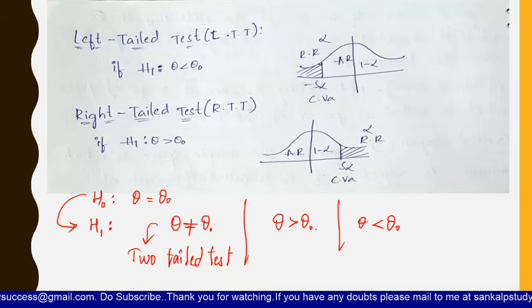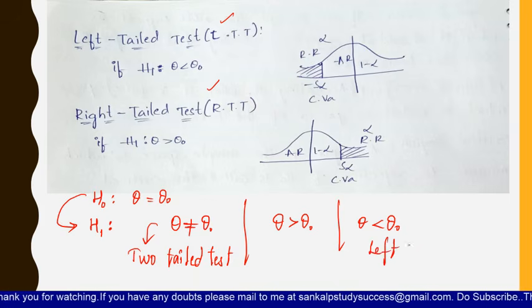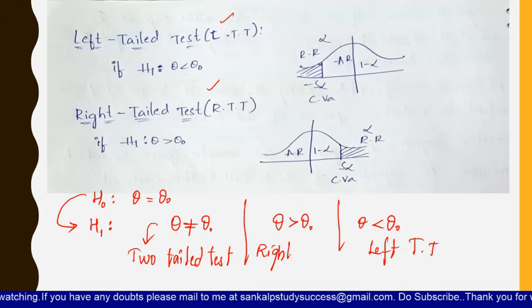Now let us see what we are going to do for theta greater than theta naught and theta less than theta naught. Here we have the left-tailed test and the right-tailed test. If theta is less than theta naught, you say it is a left-tailed test, and if theta is greater than theta naught, we say it is a right-tailed test.